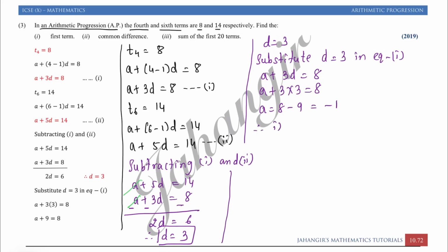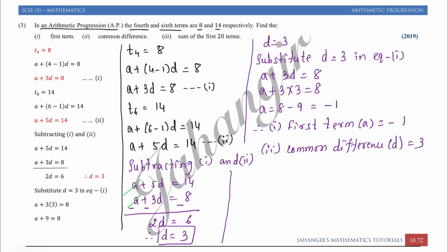So therefore the first question's answer is first term, that is a, which is equal to minus 1, right? In proper pattern. Second is common difference, d is 3. Now in the third part we have to find S20.